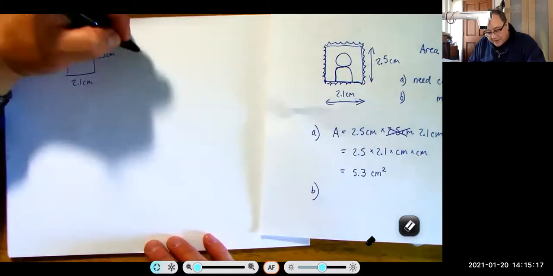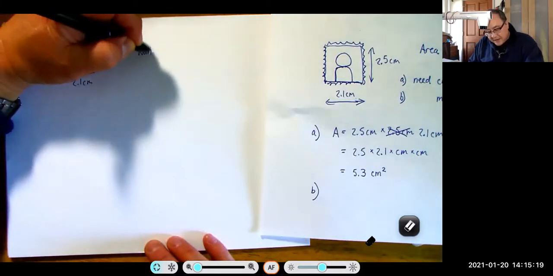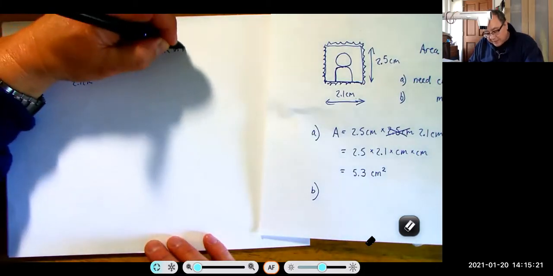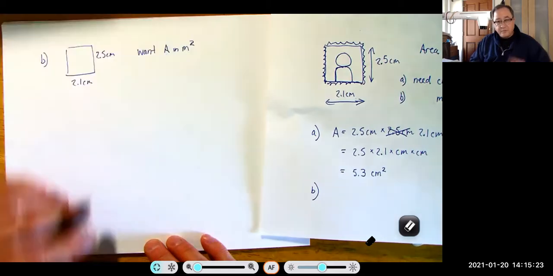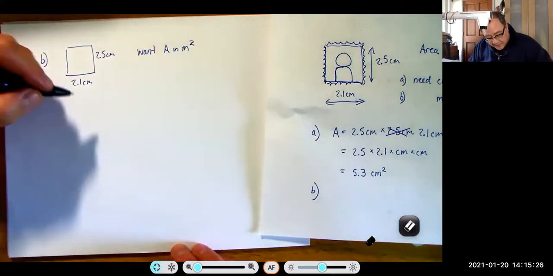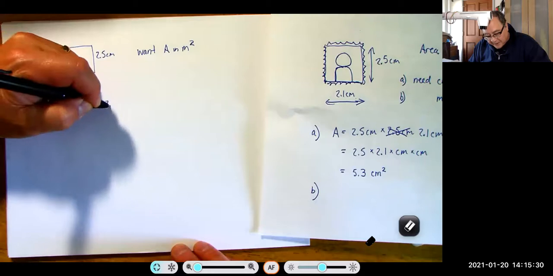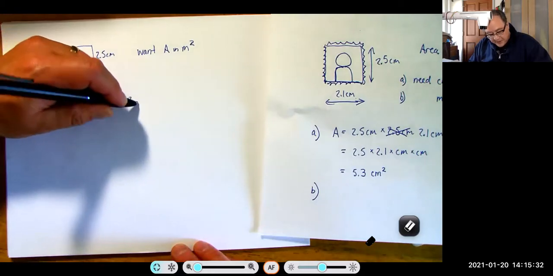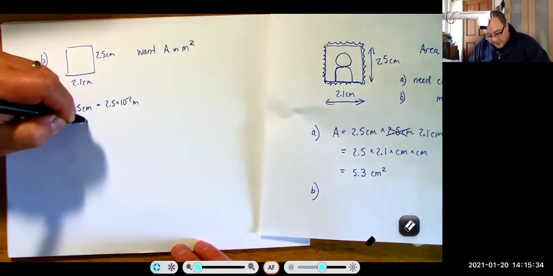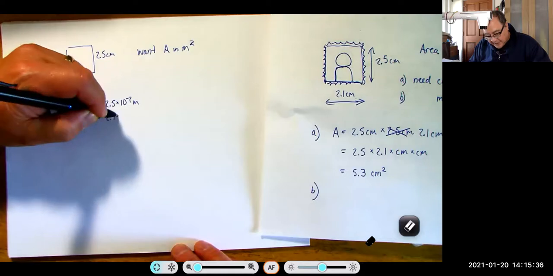And I want the area in meters squared. So I'm going to take my 2.5 centimeters and say that's 2.5 times 10 to the minus 2 meters. And my 2.1 centimeters is 2.1 times 10 to the minus 2 meters.